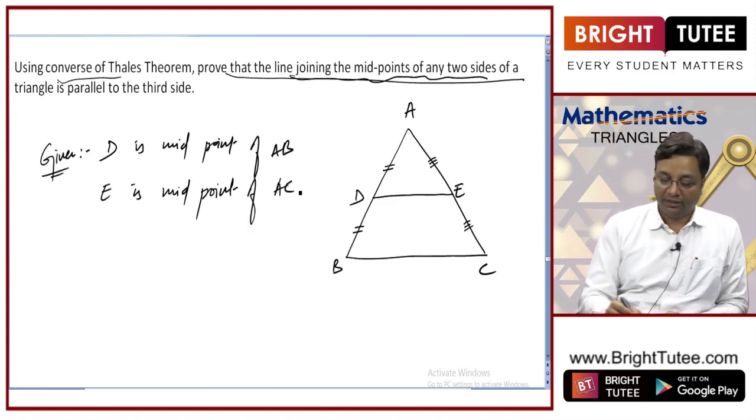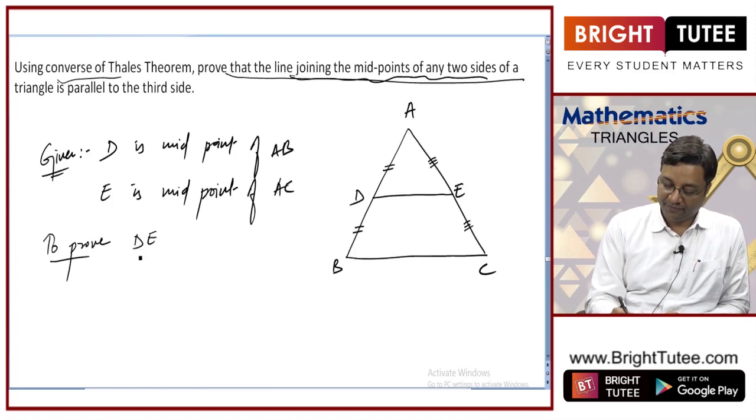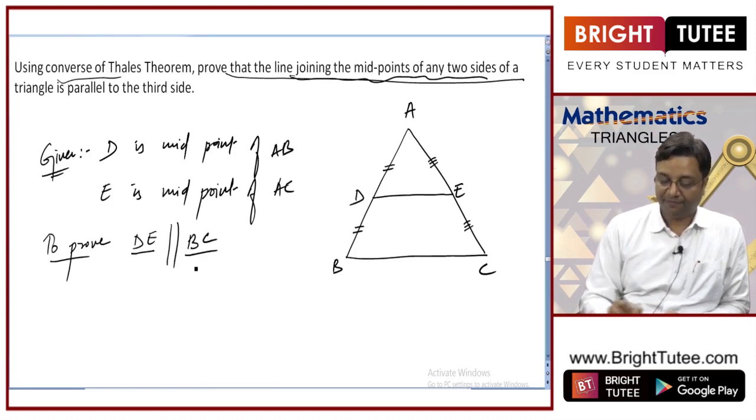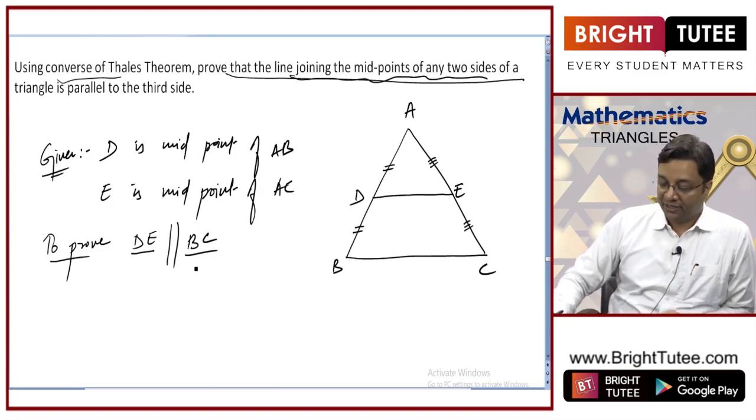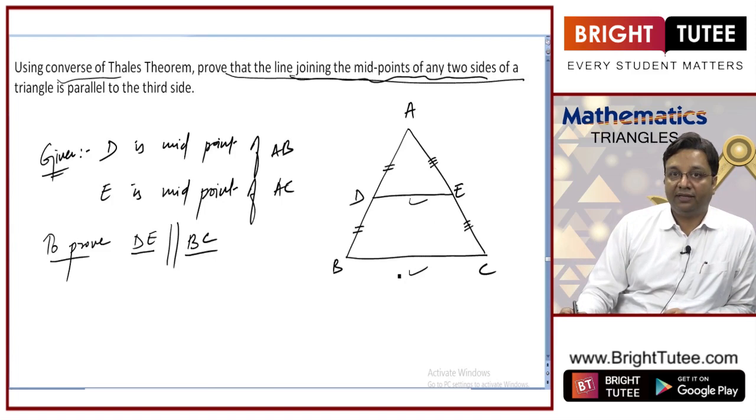These two things are given and we need to prove that DE is parallel to BC. Okay. So how can we prove it to be parallel to this side? If we know that the ratios of these portions AD by DB is equal to AE by EC.